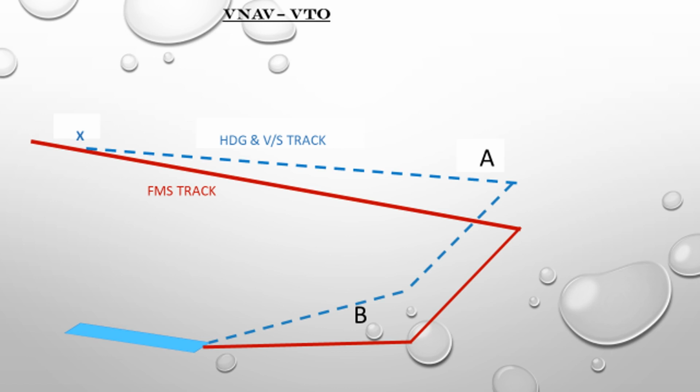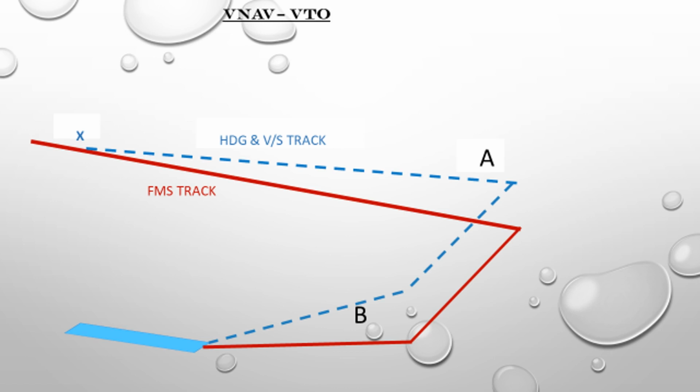In either case the aircraft is following a path that takes it to waypoint A. Thereafter it makes a right hand turn to waypoint B. Let's say B is the final approach fix, and then down to the landing.